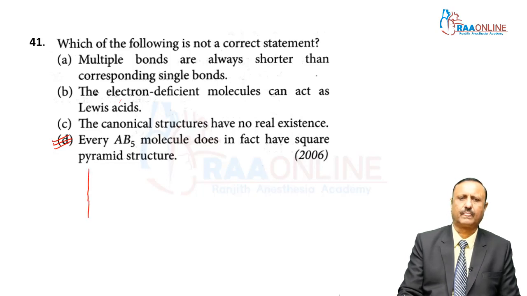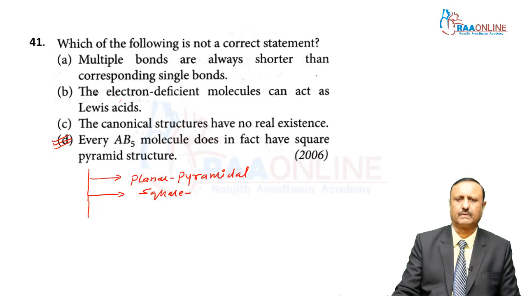When you look at AB5 molecule structures, number 1 is planar pyramidal, number 2 is square pyramidal, and number 3 is trigonal bipyramidal.